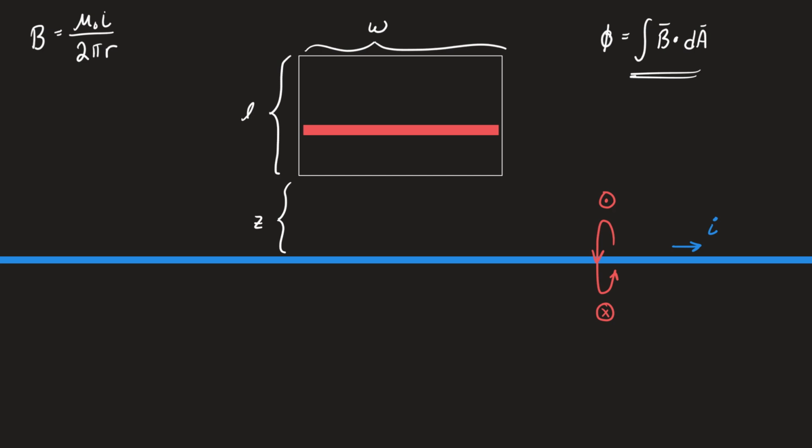If I make the rectangle small enough, there would be just very little difference in the magnetic field when comparing this side with this side of the rectangle. Would everybody agree with that? It changes a small amount, but not very much, because we're just changing our distance away from the wire by a little bit. Is that okay?